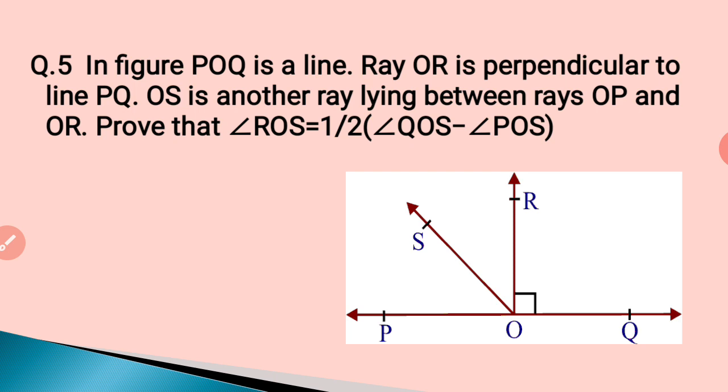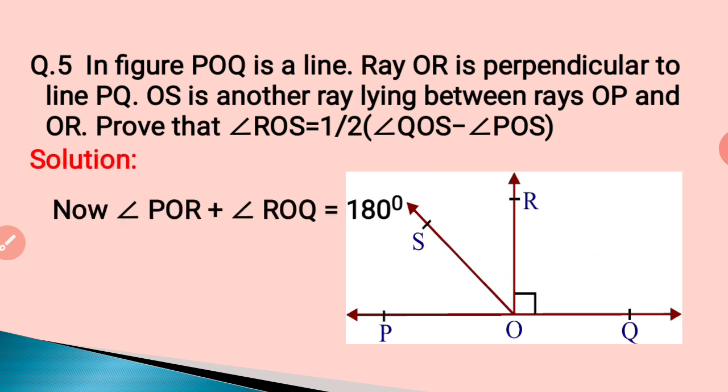OS is another ray lying between rays OP and OR. Prove that angle ROS equal to 1 by 2, that is half of angle QOS minus angle POS. Now let us initially find out angle POR, which is actually equal to 90 degrees.